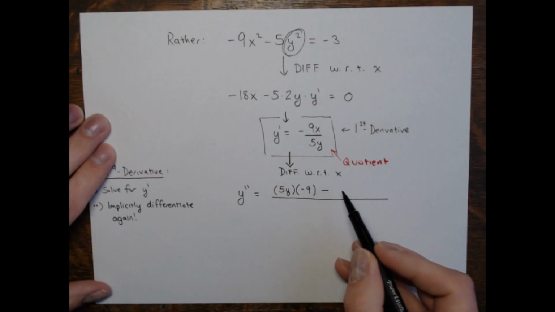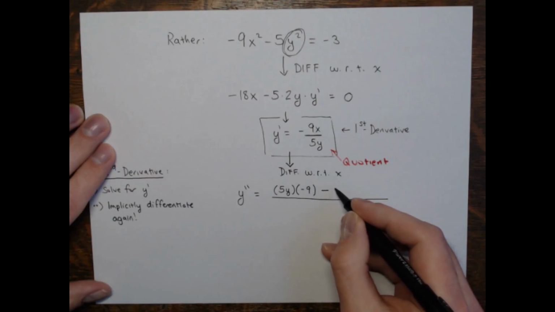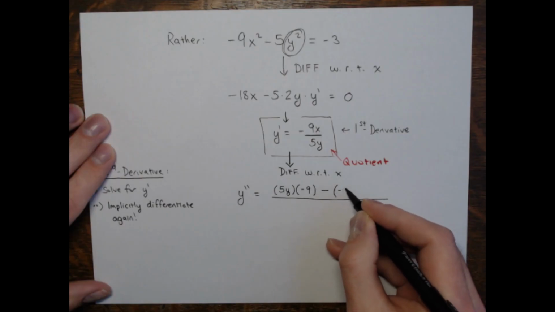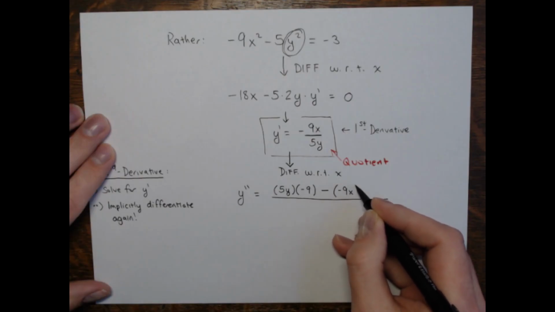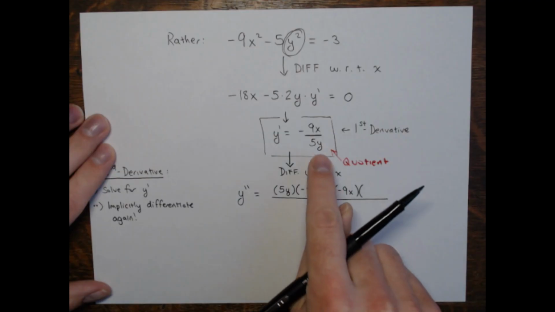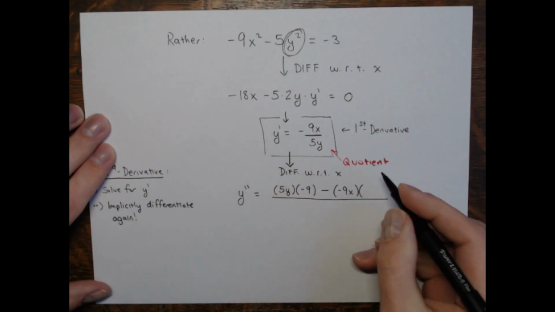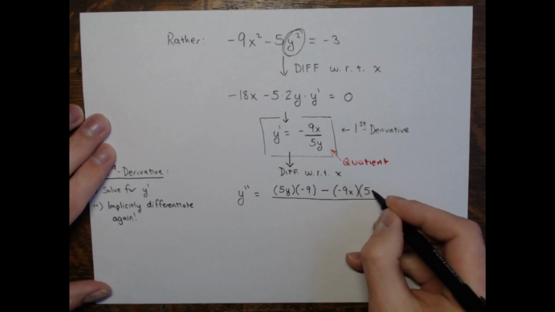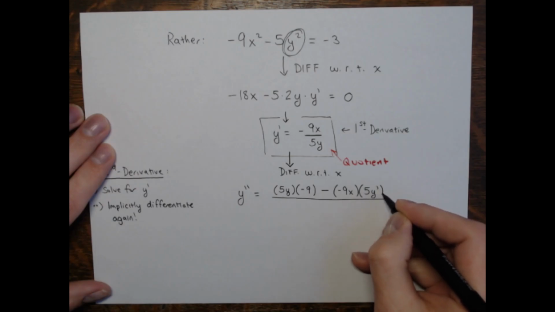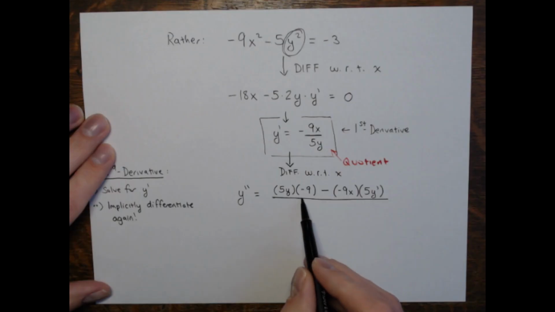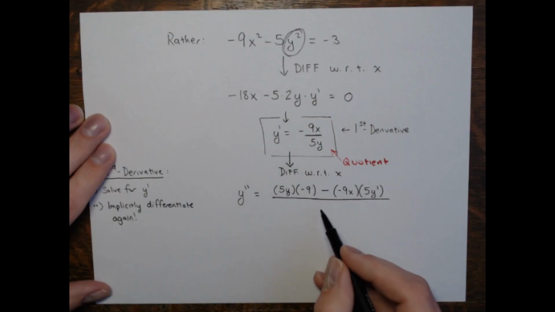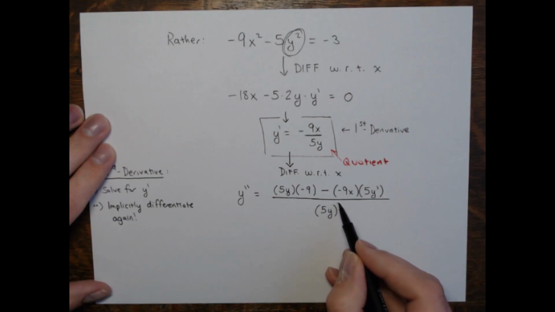And then minus, and then the numerator, leave the way it was, negative 9x, then times the derivative of the denominator, which would be 5 times the derivative of y with respect to x, 5 times y prime. So 5y prime there, and then all that divided by the denominator, so 5y squared.